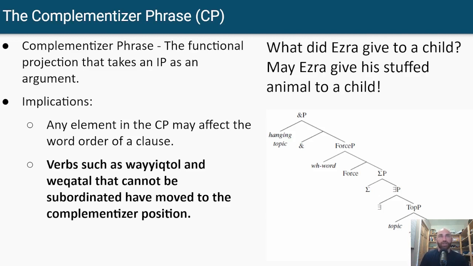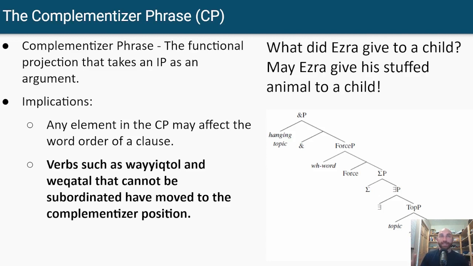So if I said, I knew that he would come, that is the complementizer. So that is introducing a complement clause. He would come is itself a complete thought. And so that is just linking that complete thought to another verb, I knew, and giving us another complete thought. I knew that he would come.